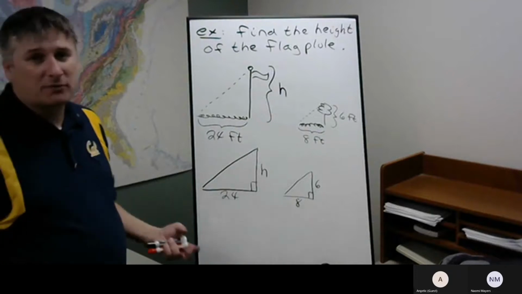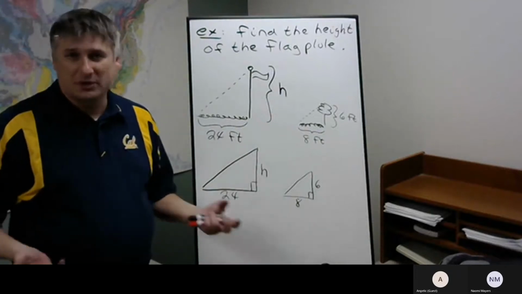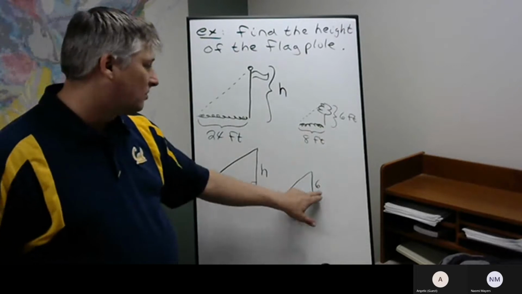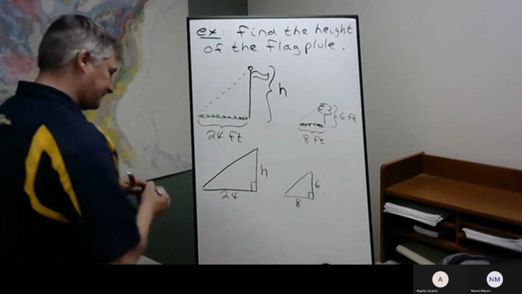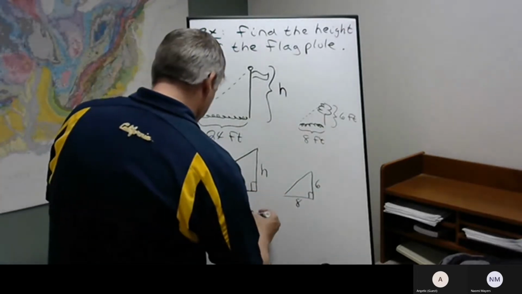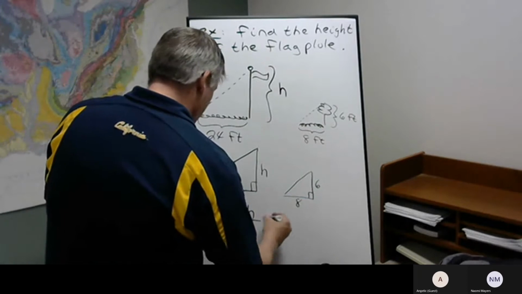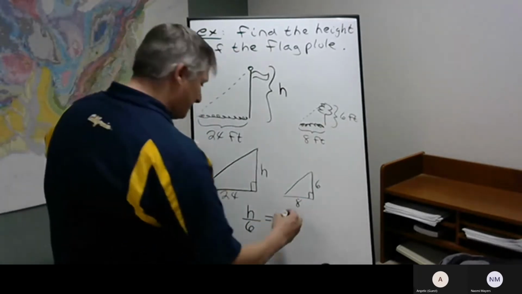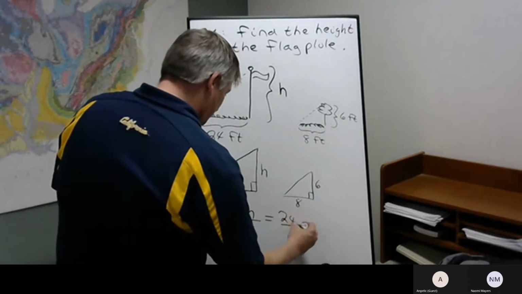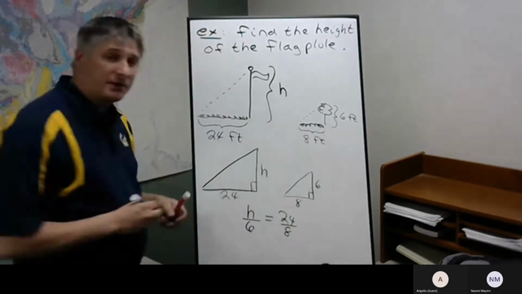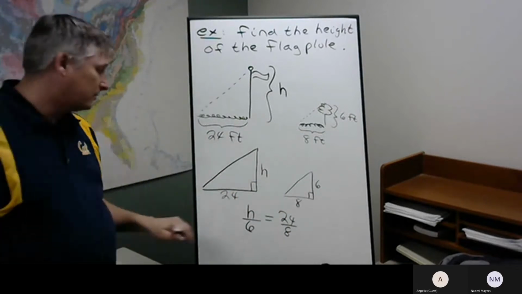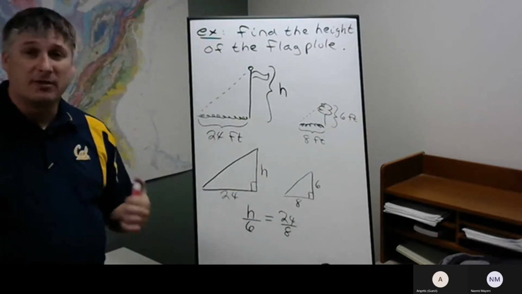So that means the ratio of corresponding sides, those ratios are going to be the same. So this height over this will be equal to this base over this base. Or put another way, the ratio of the heights will equal the ratio of the bases.